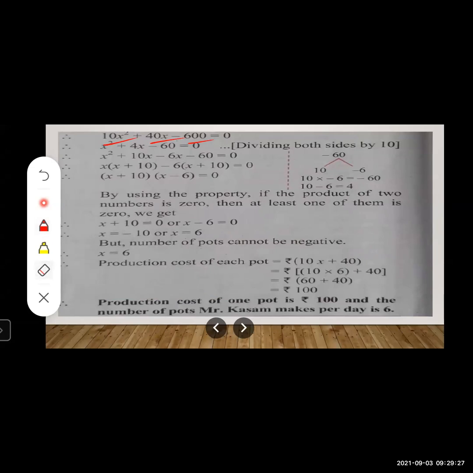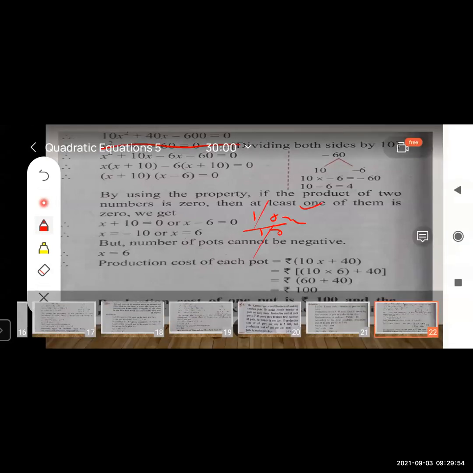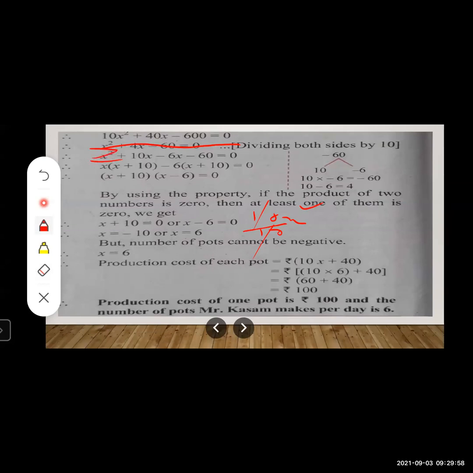So just divide both sides of the equation by 10. When you divide both sides by 10, what are you getting? 10X square divided by 10 gives X square. 40X divided by 10 gives 4X. Minus 600 divided by 10 gives minus 60.